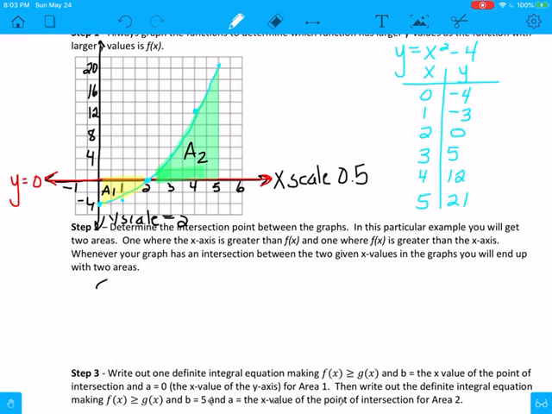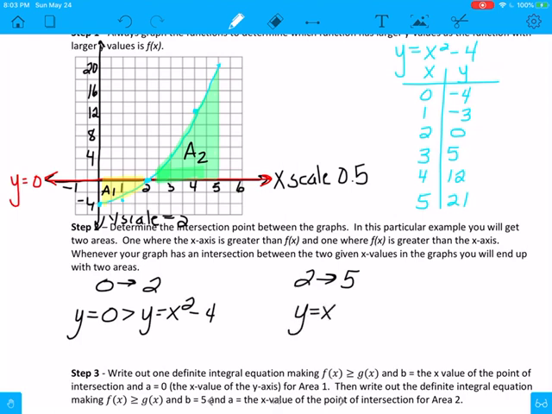So from 0 to 2, my y equals 0 line is higher up than my y equals x squared minus 4. And then from 2 to 5, my y equals x squared minus 4 is actually greater than my y equals 0. So I'm going to have two separate integrals here.